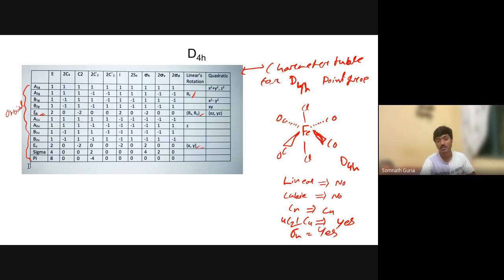That means we have one orbital containing Rx, Ry, another orbital containing the x, y dipole moment. So here also there is no such orbital where the rotation and the electric dipole moment in the associated direction are active.